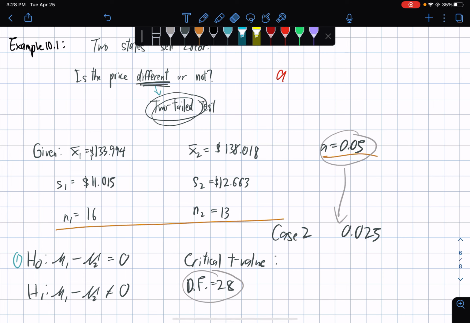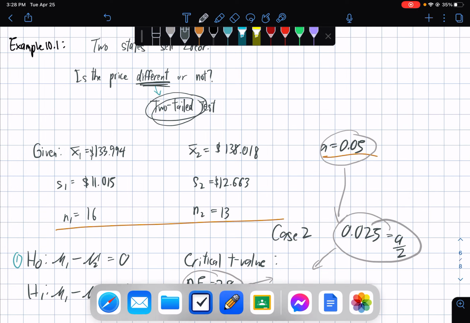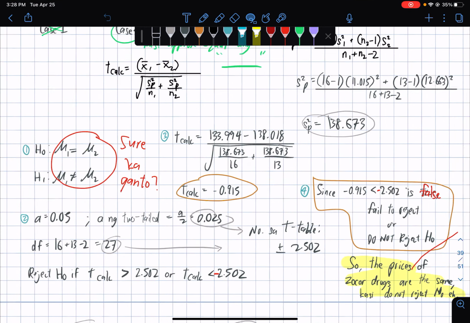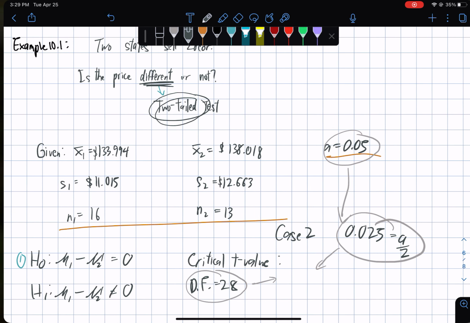If it's left-tailed, alpha pa rin. Ganun lang. So, given degrees of freedom 28 and a level of significance of 0.025, our t value is plus minus 2.502.